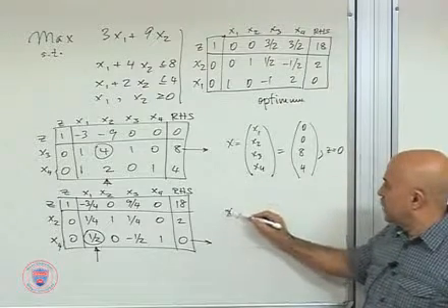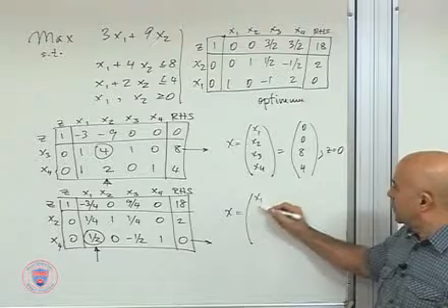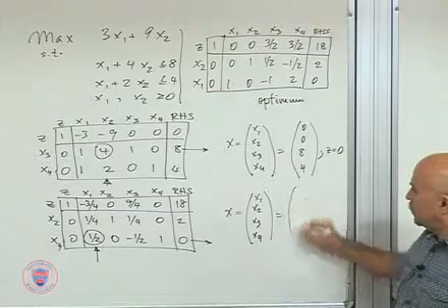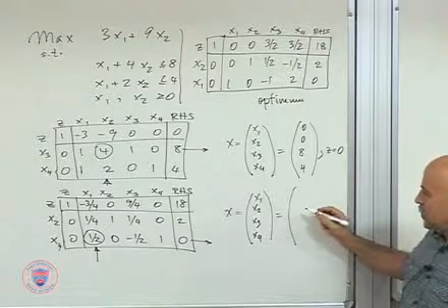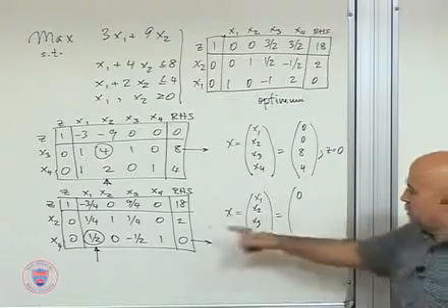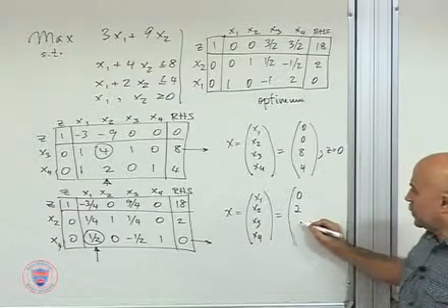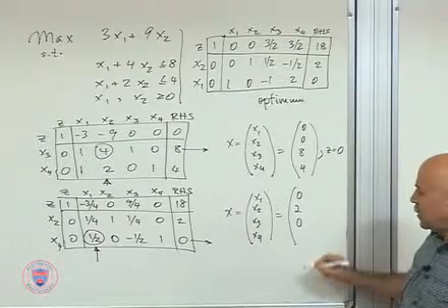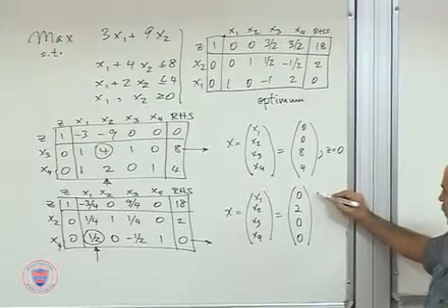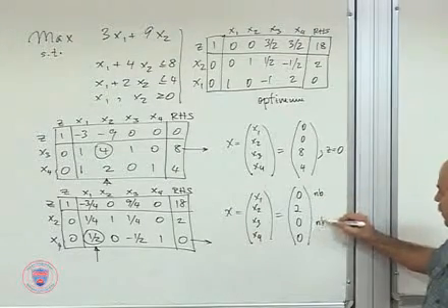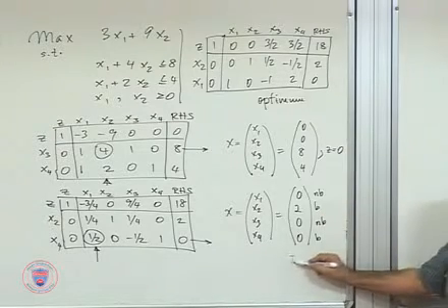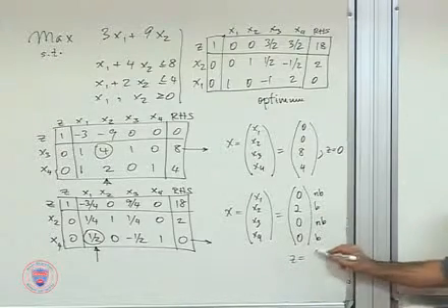In the second tableau, the solution becomes x1 is 0 because it's non-basic, x2 is 2, x3 is 0 because, again, it's non-basic, x4 is also 0, but it is basic. So non-basic, non-basic, the other ones are basic. And the corresponding objective value is 18.